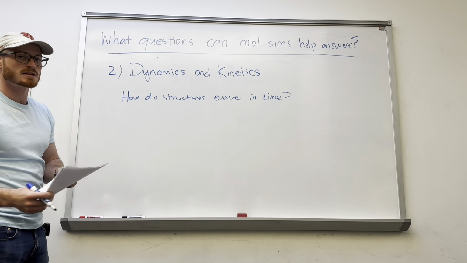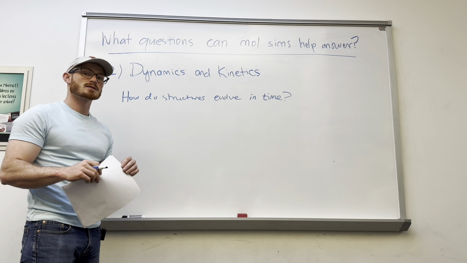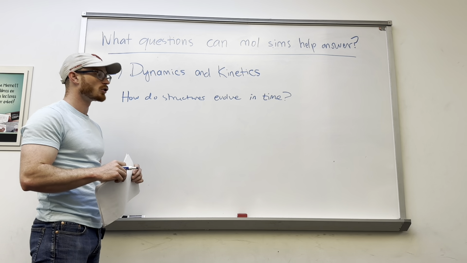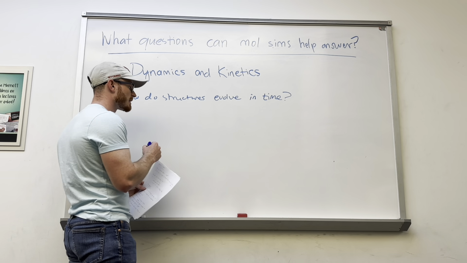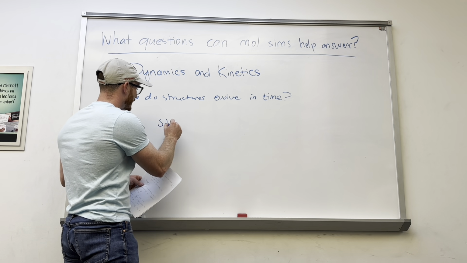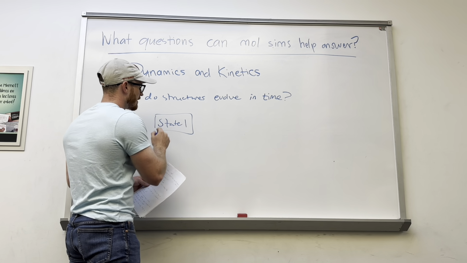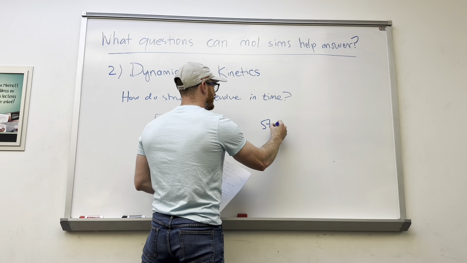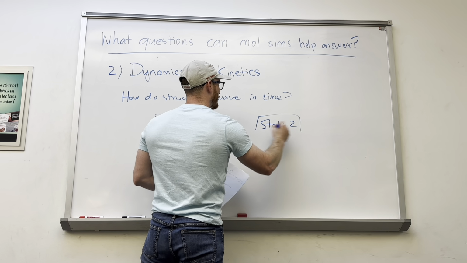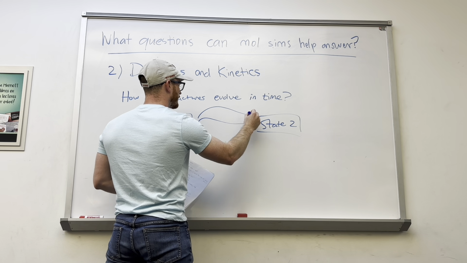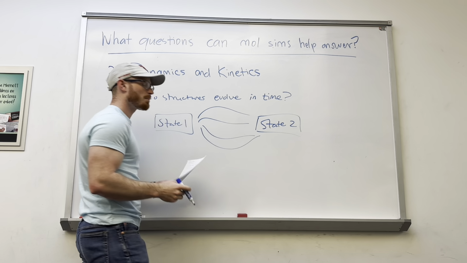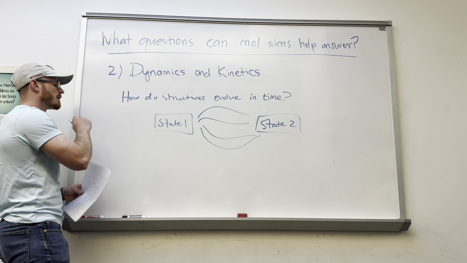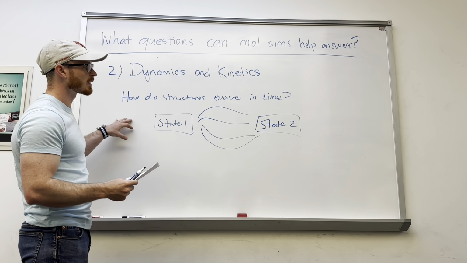We can also study things like transition states and look at non-equilibrium things where you potentially have some state of the system, like state 1, and it is transitioning, or we know it transitions, to some other state, but there's a lot of different paths it could take to get there. And a big question is, what path is it most likely to take? So this is a sort of problem in non-equilibrium statistical mechanics that we can actually use simulations to investigate.